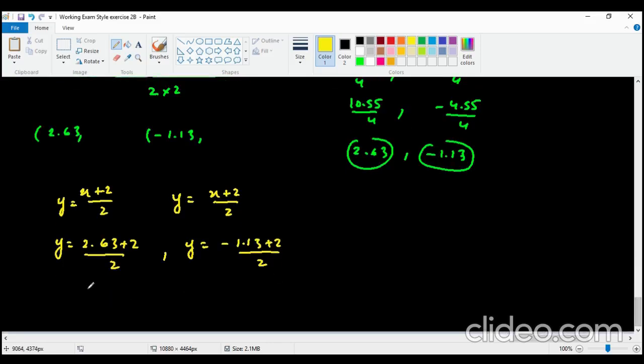So this is going to give us 4.63 over 2, and this is going to give us 0.87 over 2.